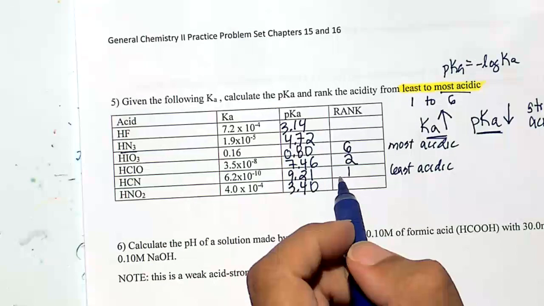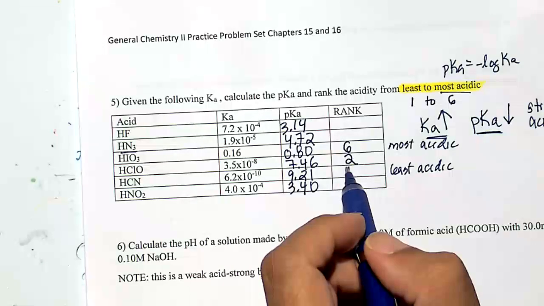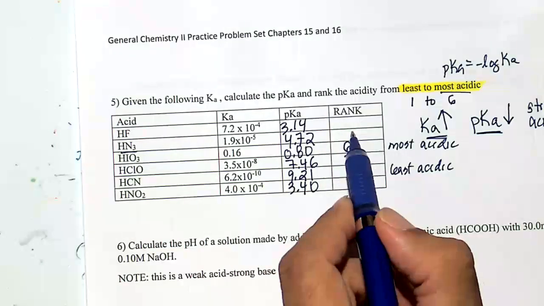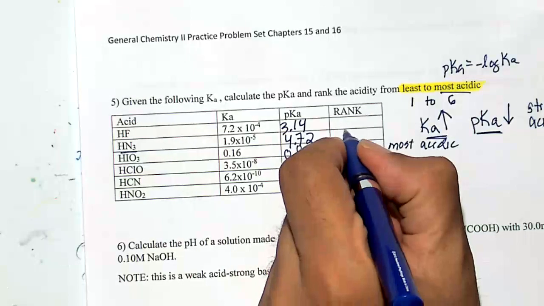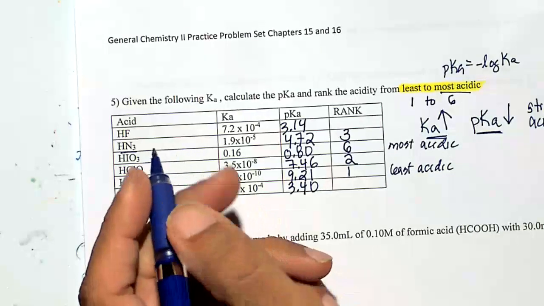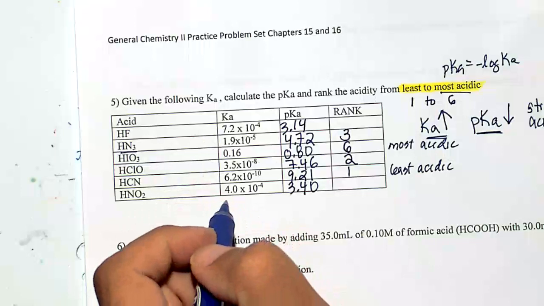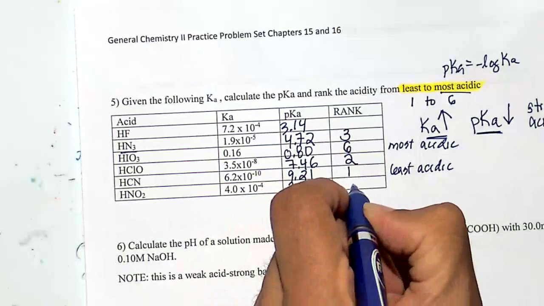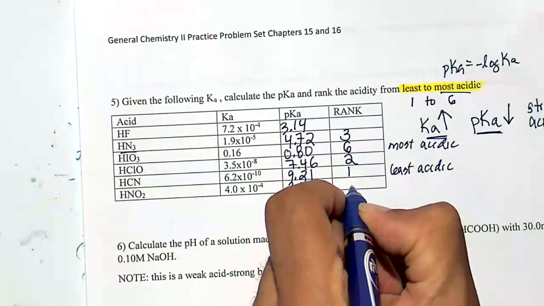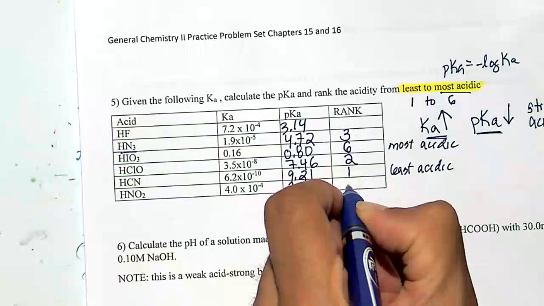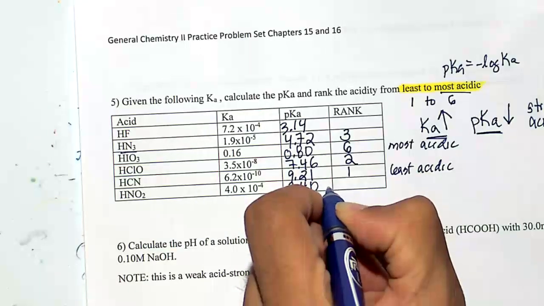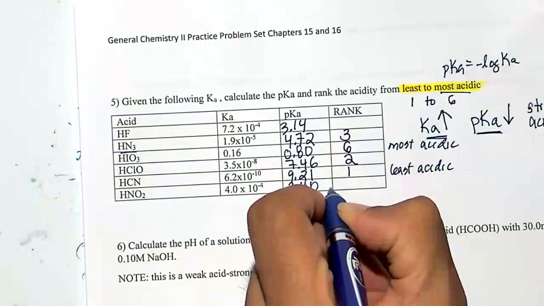What's the next least acidic? 10 to the minus 5, right? Just double check me. And then what is the next least acidic? It should be HNO2, right? pKa 3.40.